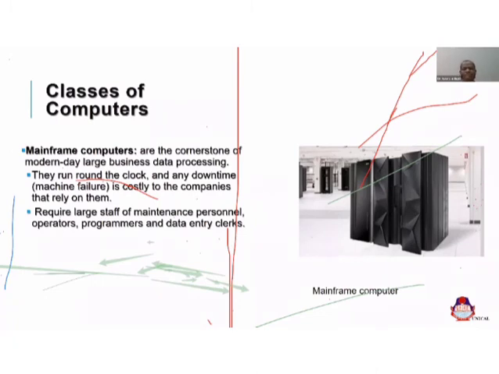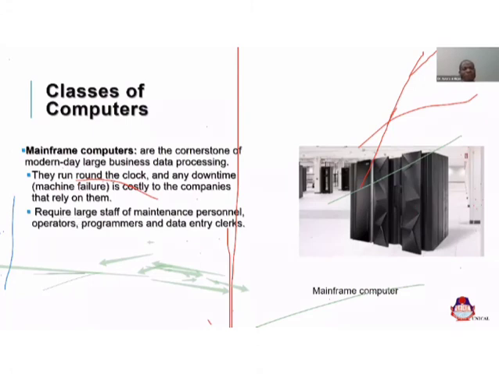Because of their sensitivity, mainframe computers must work 24 hours, non-stop. So their downtime can be very costly. That's why you see banks struggle a whole lot to be sure that their downtime is near zero, because they can't afford to be off operations.